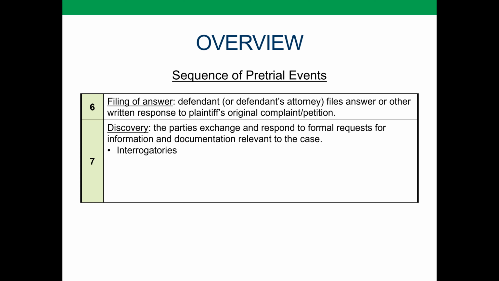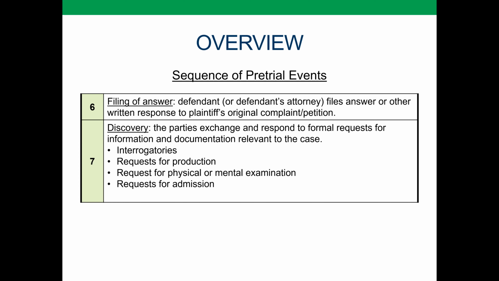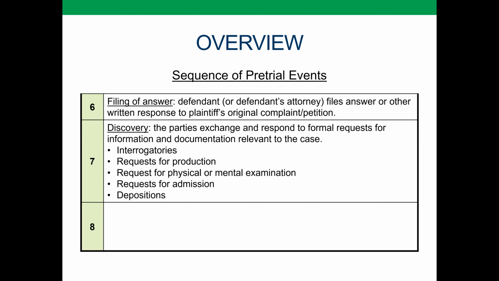It's a formal process, and the rules of procedure allow for 5 basic methods of discovery: interrogatories, requests for production, requests for physical or mental examination when there's a personal injury at issue in the case, requests for admission of facts, and depositions.